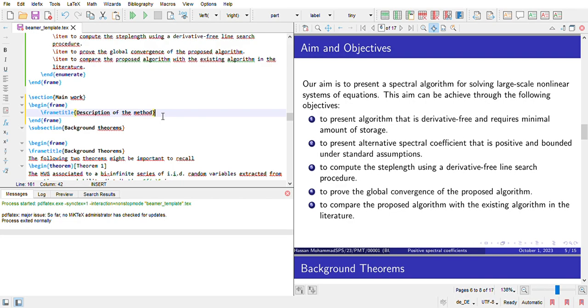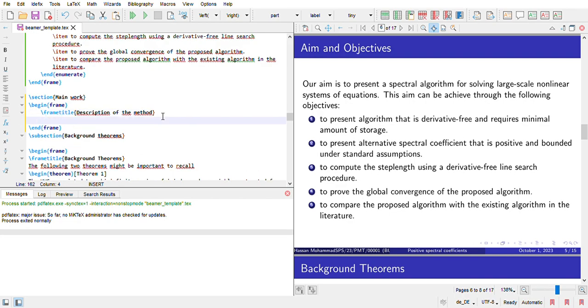Now in this frame we are going to describe the method. From what I have seen here, I'm going to start with: in this section we are going to describe the scheme of the convex combination spectral approach for finding the solution of large-scale nonlinear system of equations. So let me type it in this slide, since we are just making a presentation.